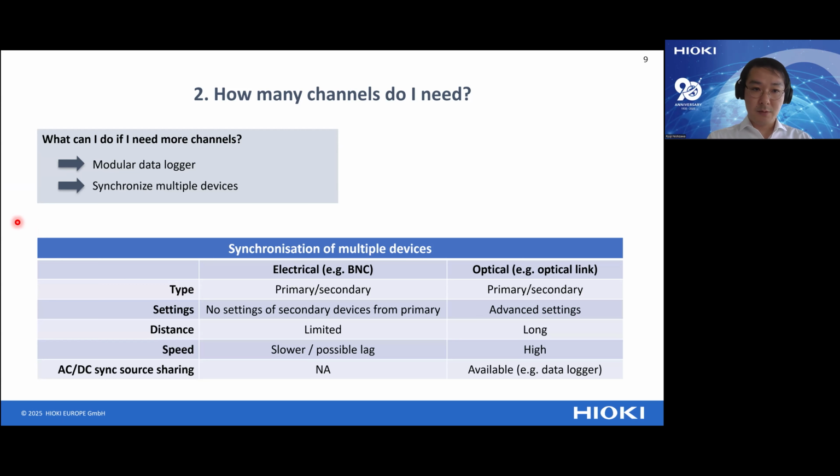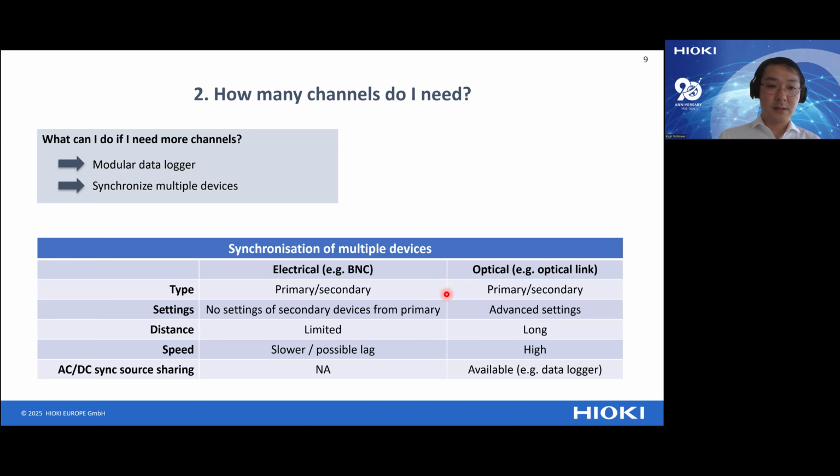The table below is a summary of the synchronization methods. There are 2 types: the electrical method, by connecting a BNC cable, and the optical method, by connecting both devices with an optical cable. Both types use primary and secondary settings to align the data update interval.